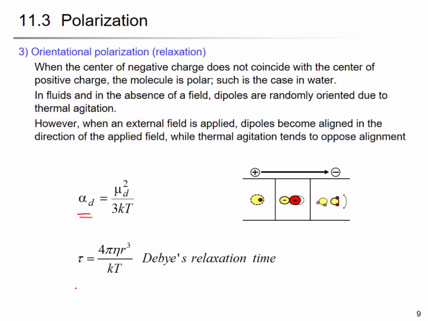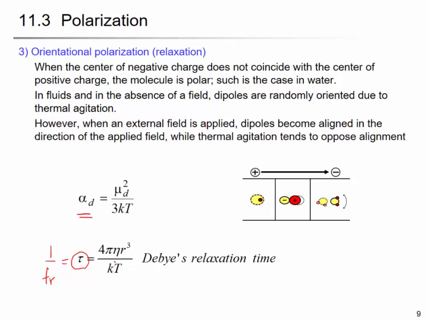And here the tau is the relaxation time. So this is the reciprocal, the inverse of resonant frequency, or the relaxation frequency, sorry. And you can see that this relaxation time is proportional to viscosity of the media and the radius of the molecule, and inversely proportional to the temperature.